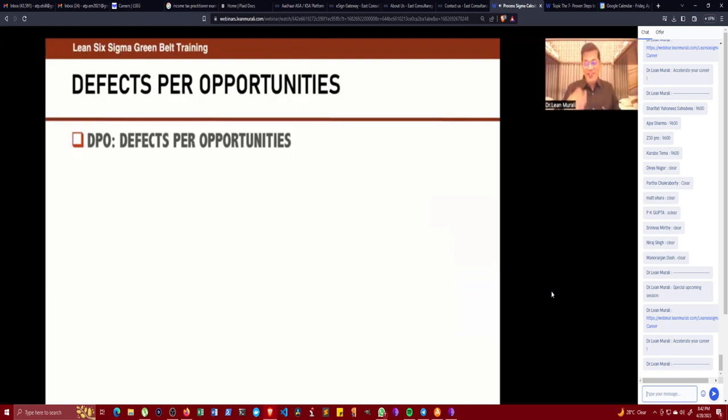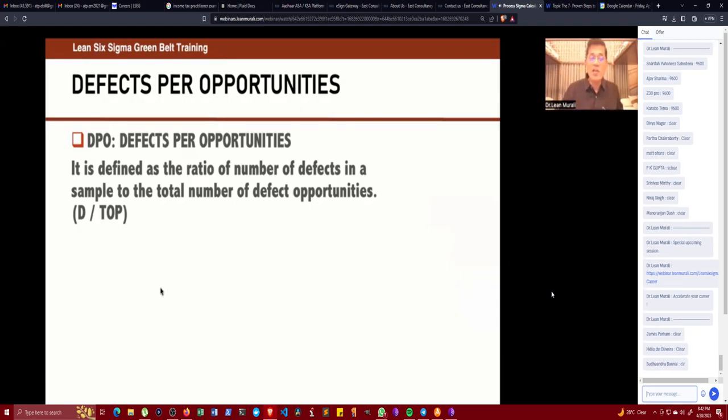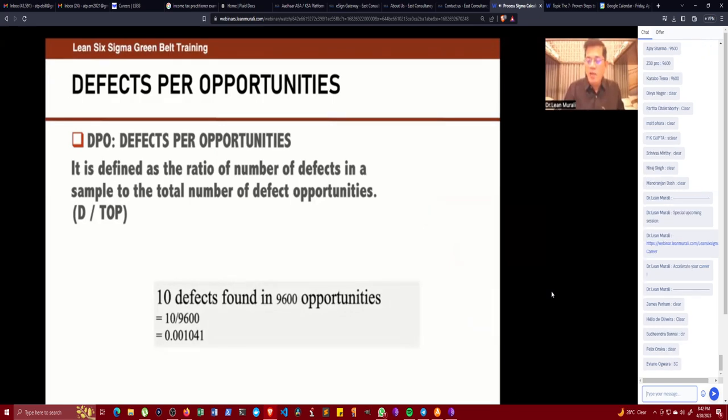Defect per opportunities. If you see here, the total number of opportunities we know. For example, if there are 8 opportunities and 1,200 pieces, 1,200 into 8 is the total number of opportunities, and there are 10 defects, it is 10 divided by 9,600. How many of you are clear about this? Type clear in the comment box.